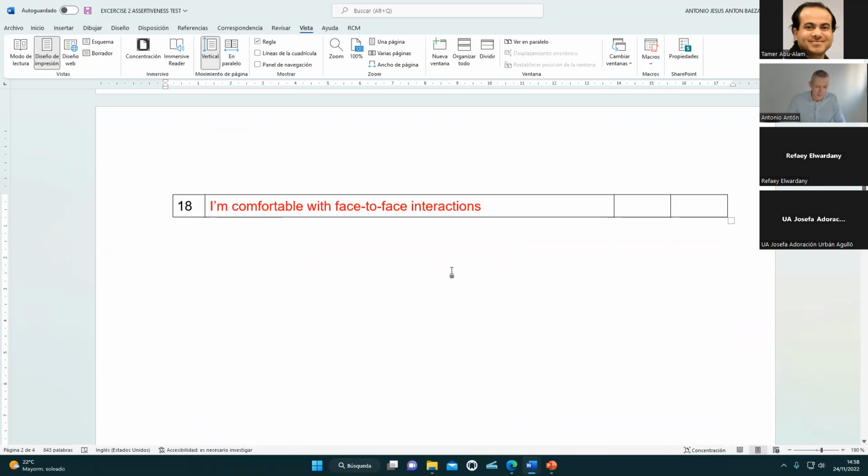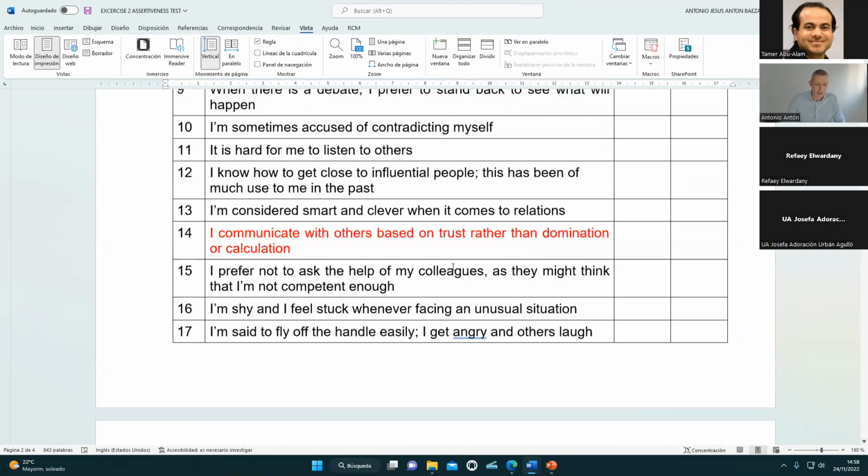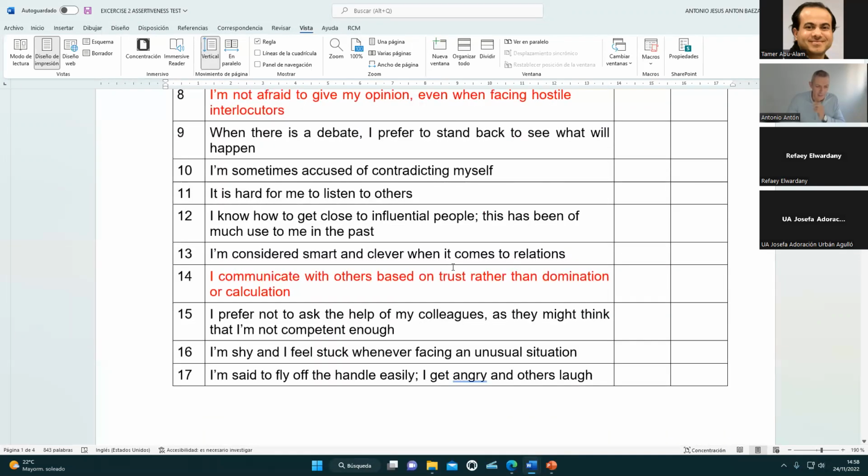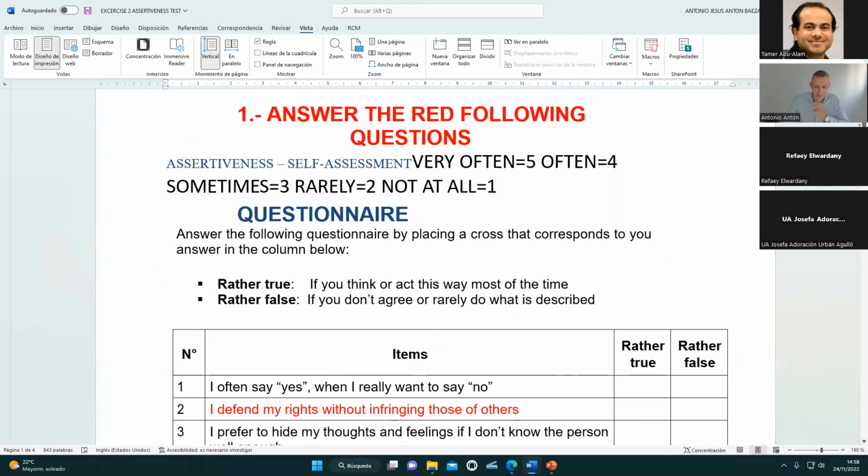Should we get the sum of the numbers? Yeah, you need to add up the 15 questions with the mark. Remember that the maximum level that you need to accomplish is 75.